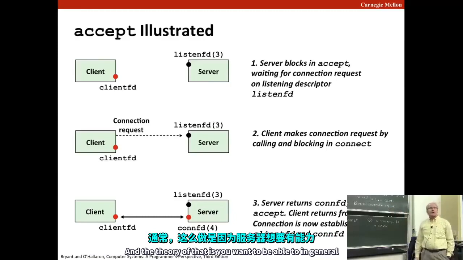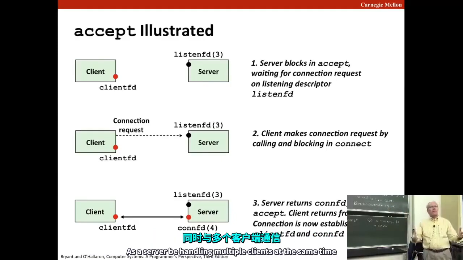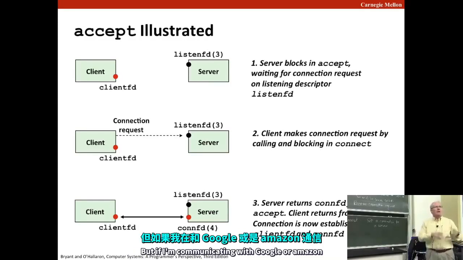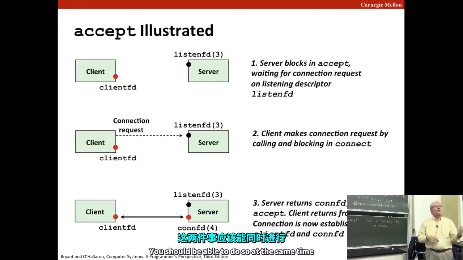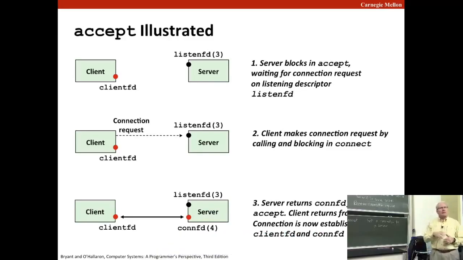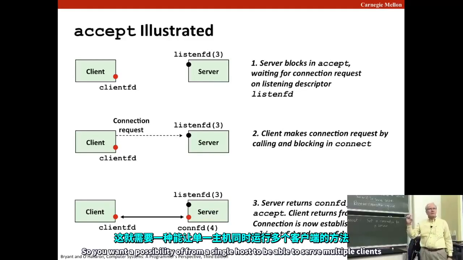The theory of that is you want to be able to, in general, as a server, handle multiple clients at the same time. Right? If I'm communicating with Google or Amazon, you should be able to do so at the same time. So you want the possibility, from a single host, to be able to serve multiple clients.